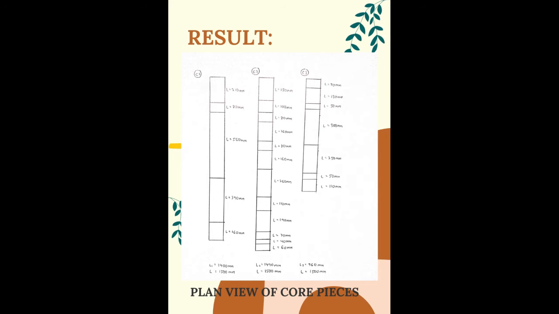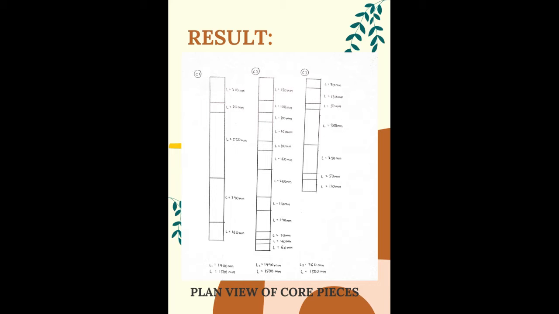Hello, I am Afiq. Today I will explain the results of all the experiments. The figures show the plan view of core pieces. Firstly, C1 has a length of 1400 mm and the original length is 1500 mm.